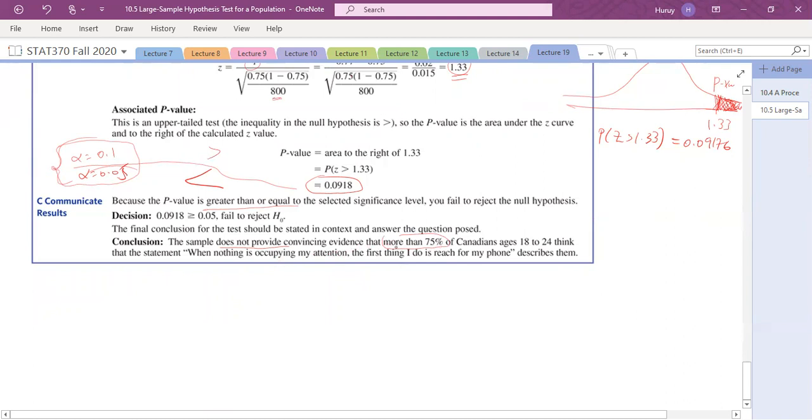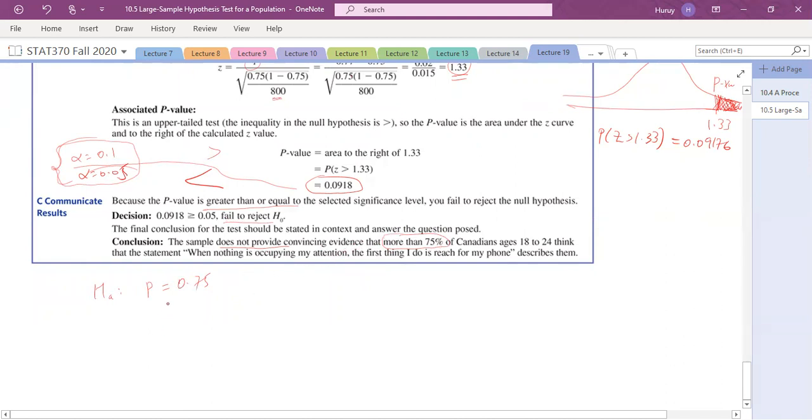Okay, and that was the claim, and there is not enough evidence to support this, because we failed to reject the H naught, and the null hypothesis is p equals 0.75, but the claim is more than 75%. We don't have enough evidence to say more than 75% of them agree with it.